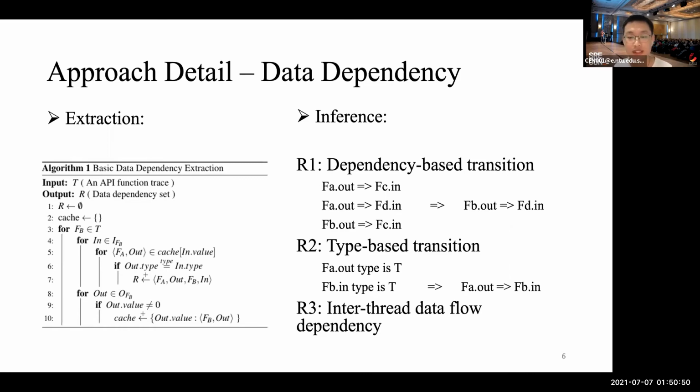And rule 3 tries to find the data dependencies between the threads. The basic observation is that the threads exchange limited data, and usually they exchange pointers. We want to dig some data dependencies from this kind of data exchange.